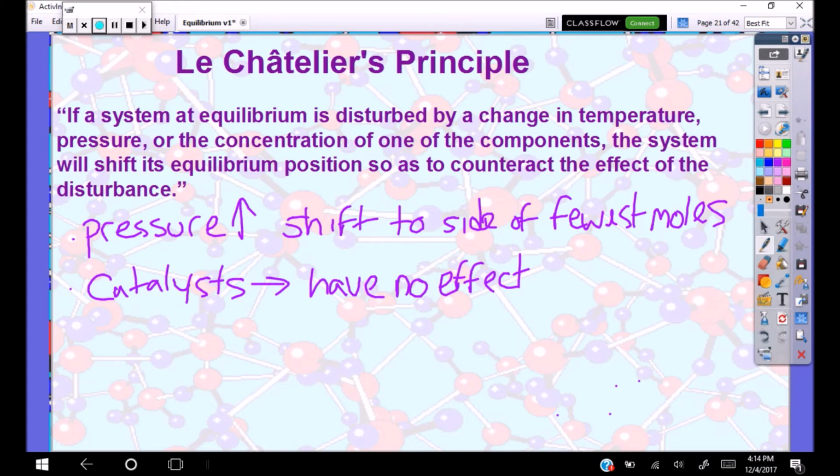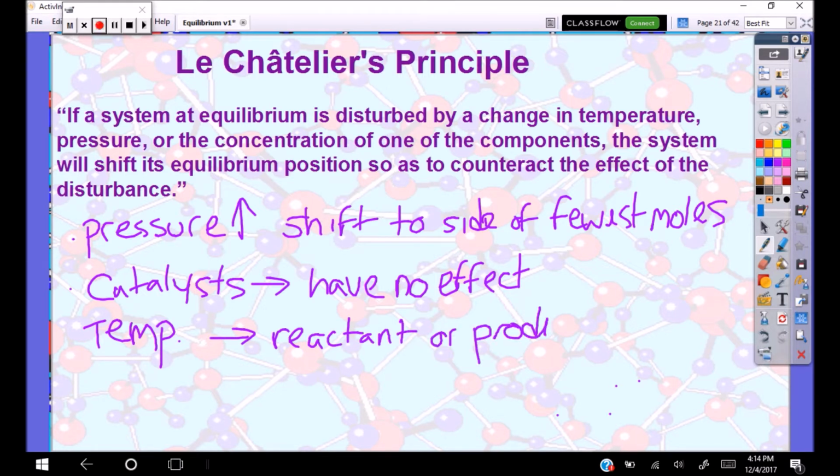And the other thing we'll see a lot is temperature. So temp, and we like to treat temp as a reactant or product. And we most often want to think of this in terms of delta H. So think endo, exo.